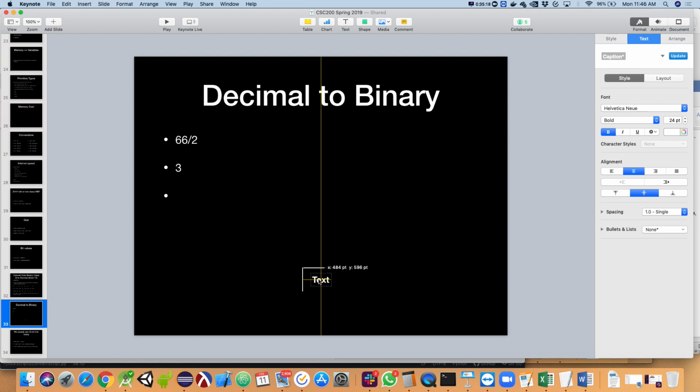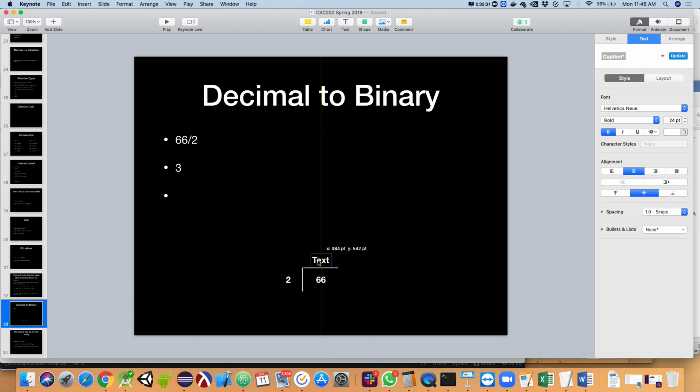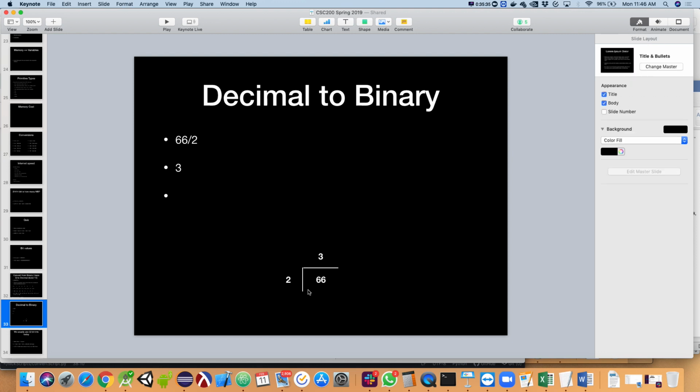Then we have our 66 in here, and we are dividing it by 2 out here. So 2 goes into 6 3 times. 3 times 2 is 6.